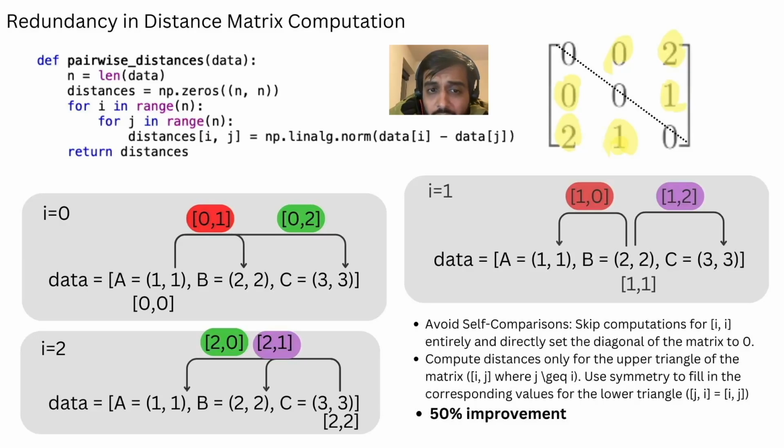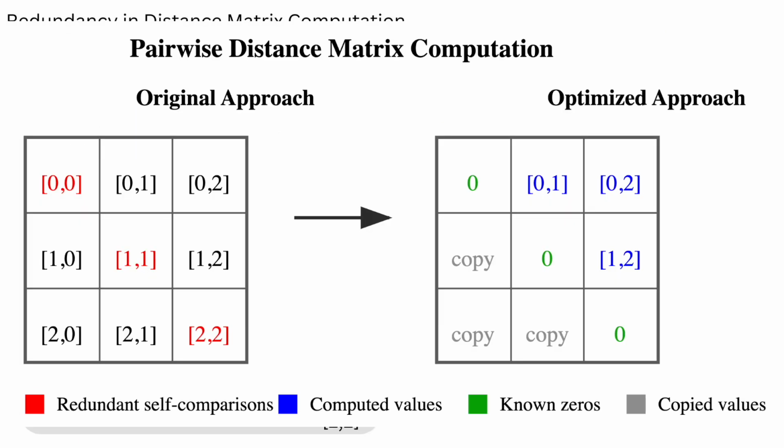For example, we have self-comparisons, (0,0) or (1,1), which are always 0, since the distance between two identical numbers or variables is always 0. And we also have that the distance between A and B is the same as the distance between B and A, so it's symmetric. So the interviewer asked me how I could optimize this function. My suggestion was straightforward. First, I would initialize the diagonal as 0 directly, avoiding unnecessary computations, because right now everything is computed.